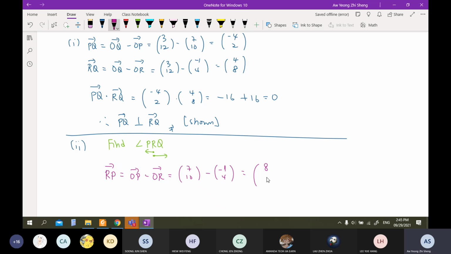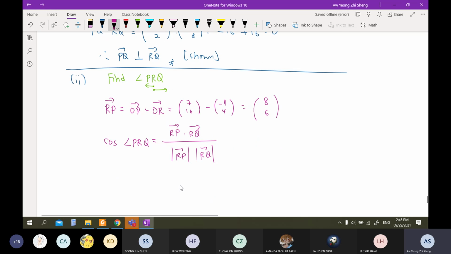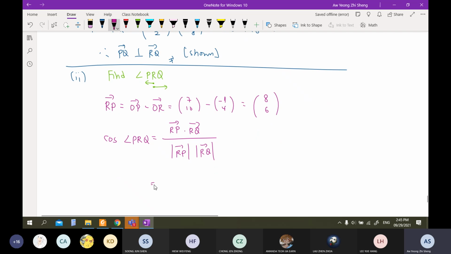That's 8, 6. And then we have enough information now to apply the cos formula. Cos of angle PRQ is RP dot with RQ divided by length of RP, length of RQ. RQ, we have it earlier from part 1.